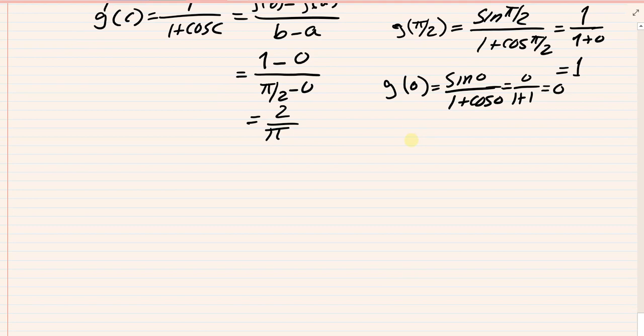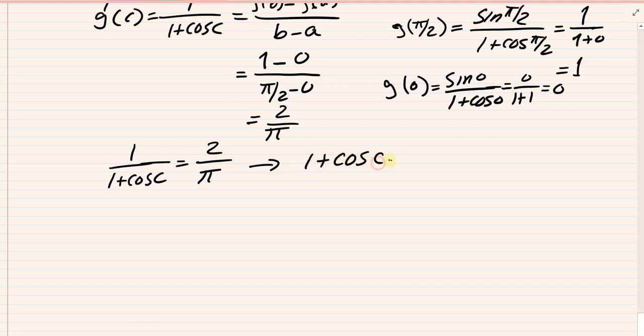And this time, the equation is 1 over 1 plus cosine c equals 2 over pi, right? And we can solve this one now. So how are we going to solve this one? Let's cross them, or actually I'm going to flip it, it will be easier. 1 plus cosine c is going to be pi over 2, right?